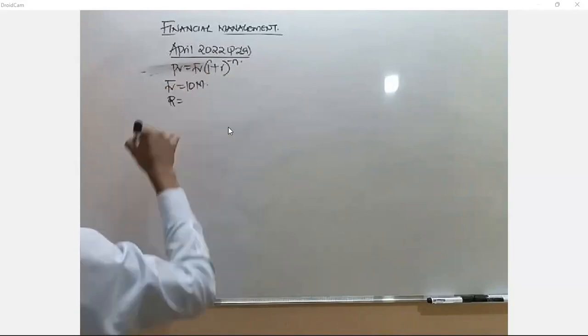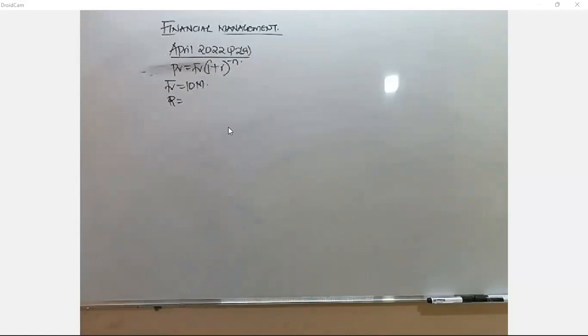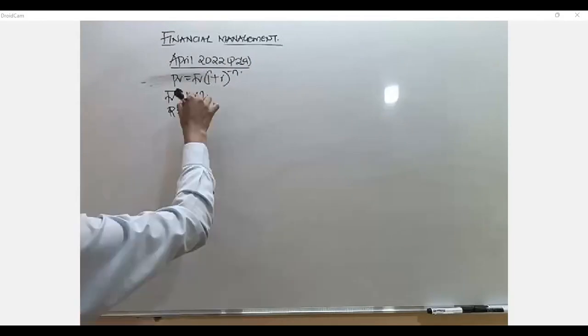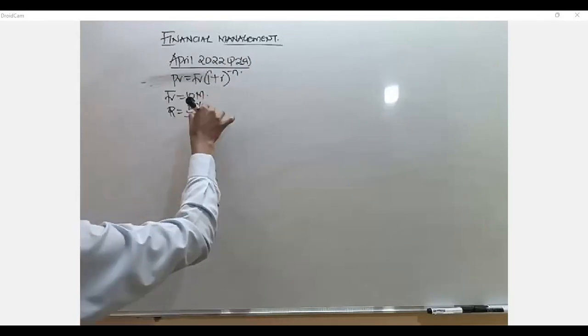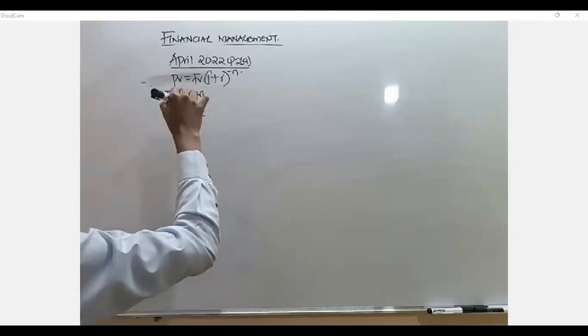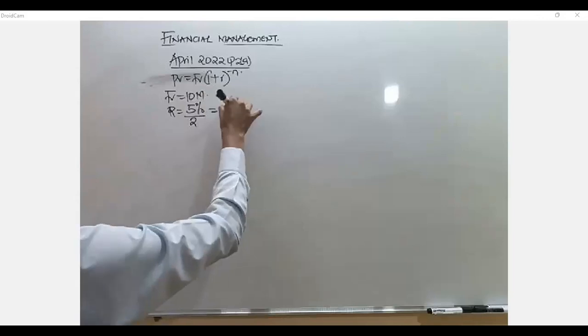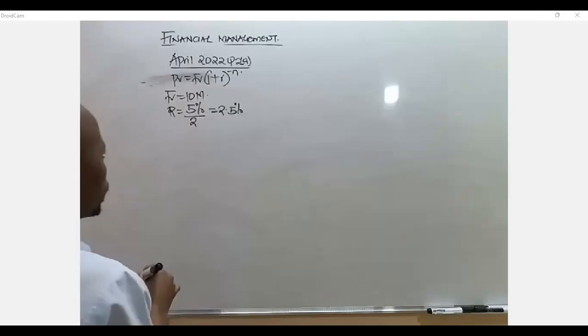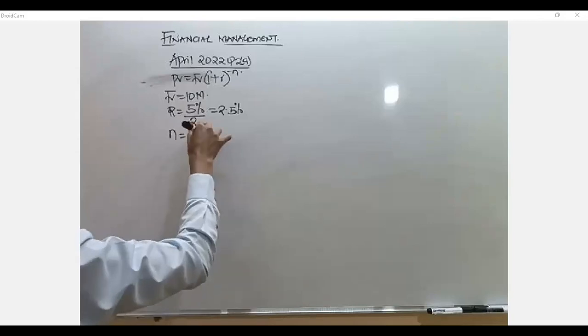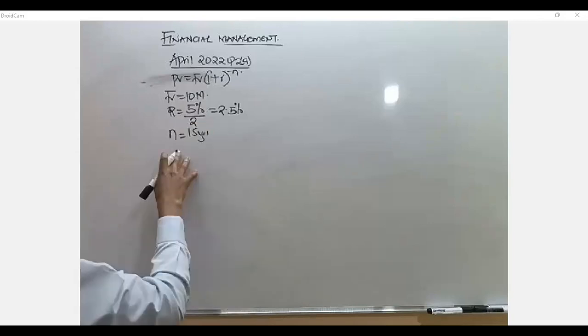Our rate is going to be affected because we are getting interest twice a year. The rate provided by the examiner is 5% per annum. For 6 months, I divide by 2 periods, so I get 2.5%. What about the number of periods? Our n goes up because I'm using 15 years, but every year I receive interest twice.